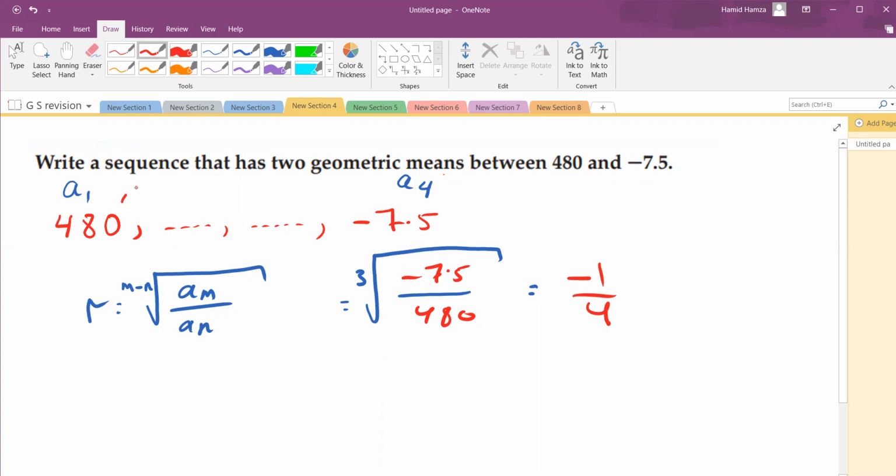Negative 1 over 4 multiplied by 480 gives negative 120. Multiply again by negative 1 over 4 and it will be 30. So that's it. The two geometric terms between these two are negative 120 and 30. Any question, guys?